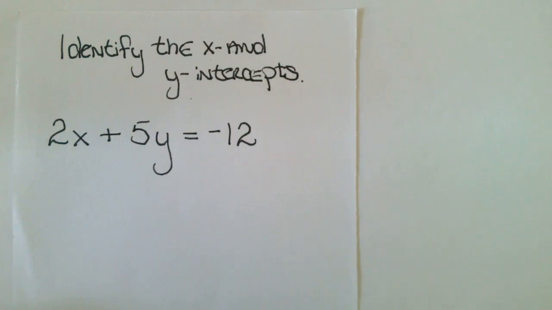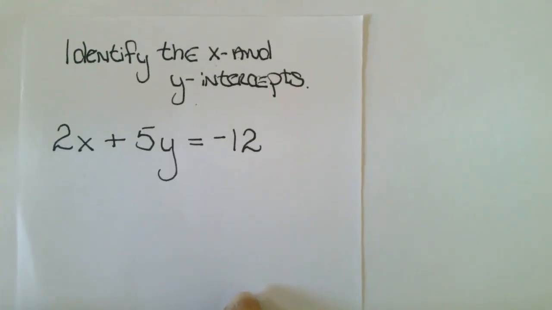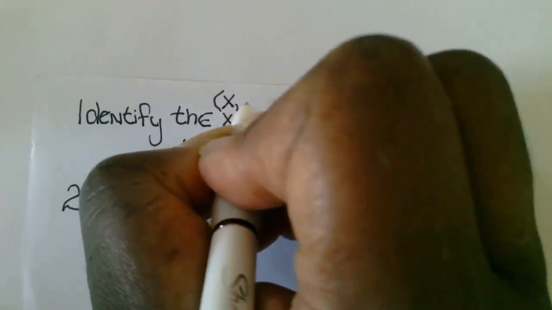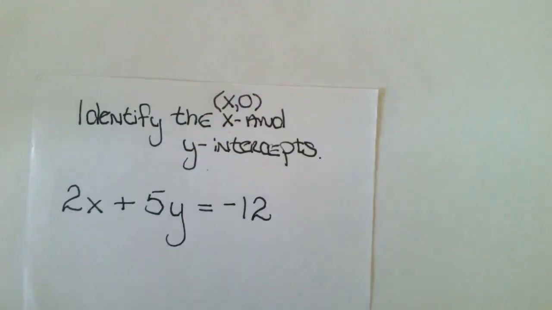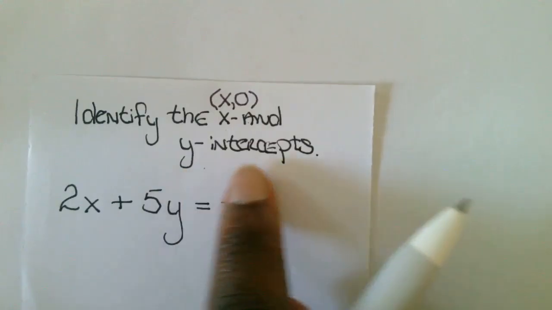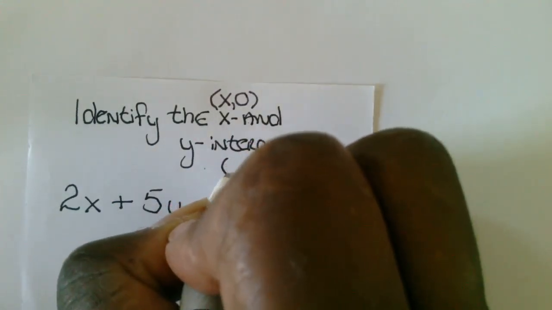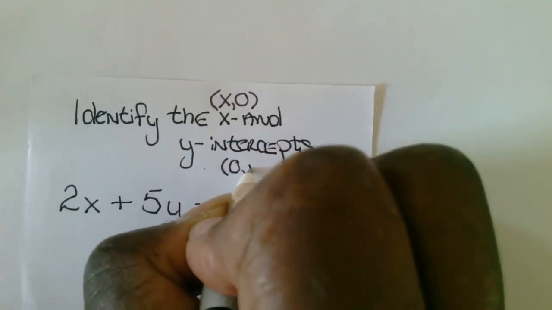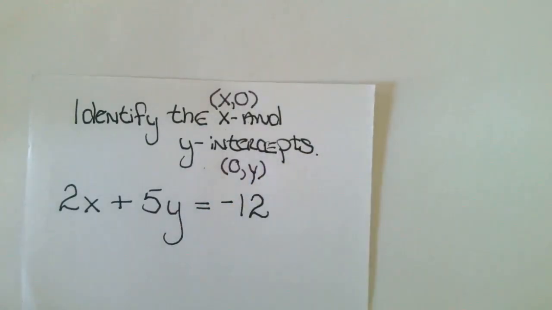We do not need to solve a blessed thing. Ready? Because for x-intercepts, that's when your y value is equal to 0. For y-intercepts, that's when your x value is equal to 0.